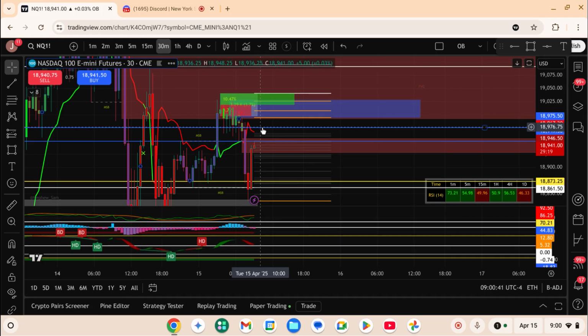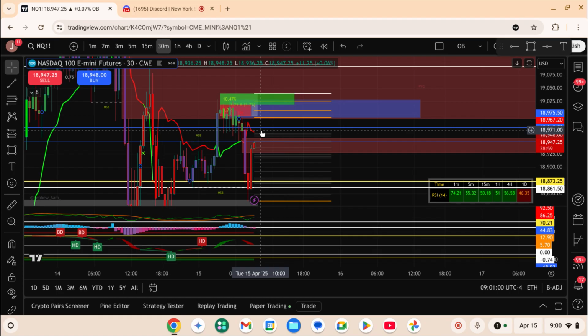So if this half hour can break right here, we can look to long and hopefully it breaks past this 4-hour area too. I don't know.